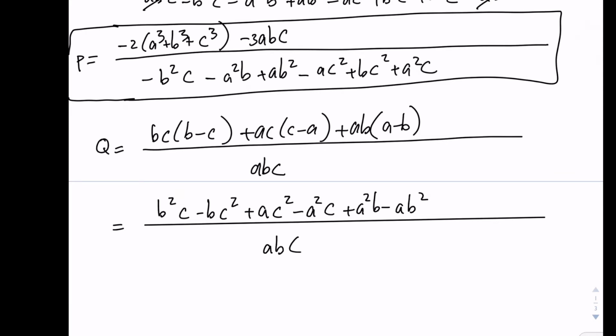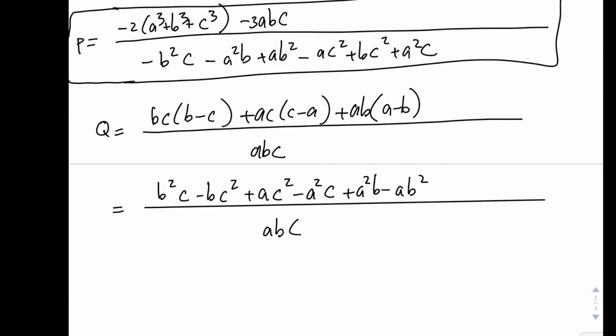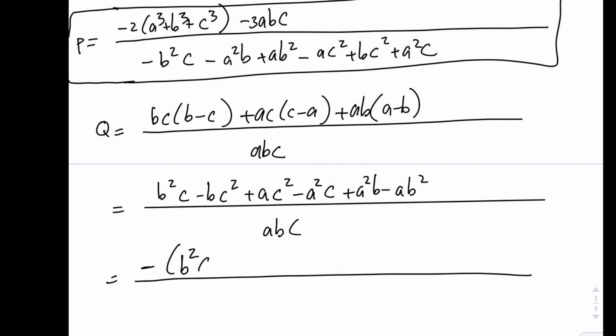Now if we compare the numerator of Q and the denominator of P, we will see that if we factor out a negative sign from the numerator of Q, it will become equal to the denominator of P.